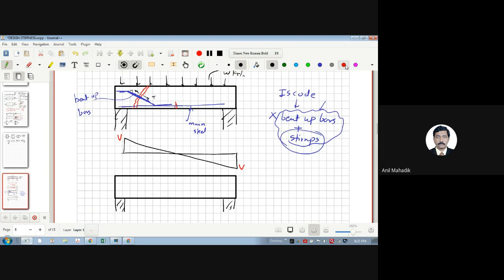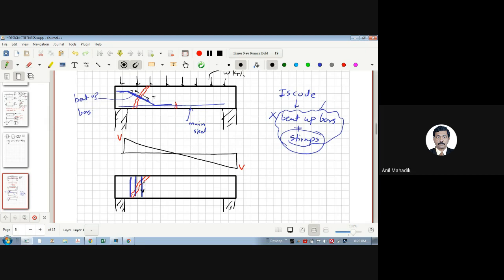The crack is the same, but in this case, I will provide vertical reinforcement, which we call shear stirrups. So I say we put stirrups near the support, so that they will resist the tension in this direction. Okay.